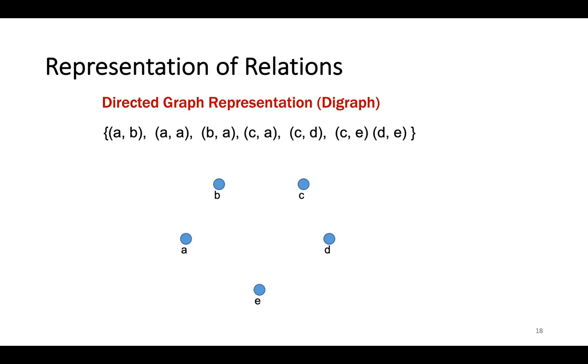So we can put AB and AA, BA, CA, CD, CE, and the last one is DE. So we can simply represent the relation in this graph, and we can also use the composition operation on this graph.